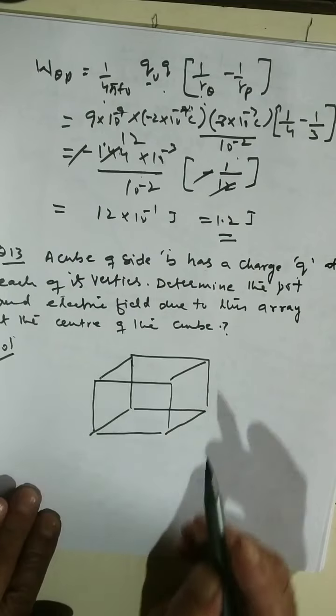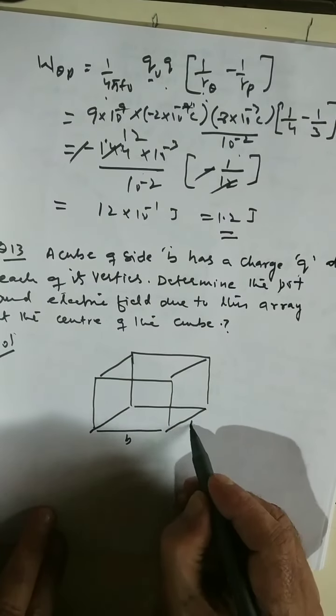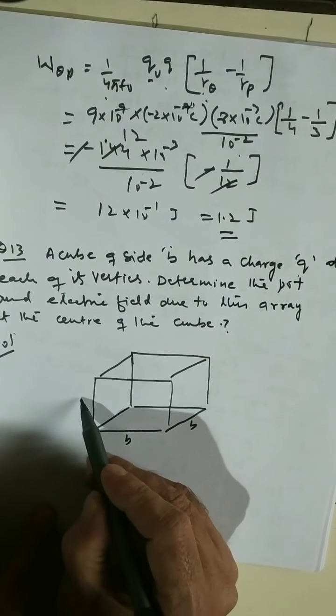This is a cube whose all the sides are B. Length of each side is B. So this is B, and all of the sides are B.